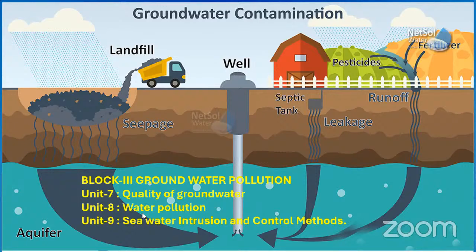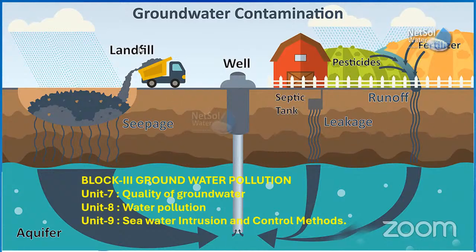This is a very important topic. Today I'm going to cover units 7 and 8, that is quality of groundwater and water pollution, which comes under Block 3 of your elective paper hydrogeology. In this picture you can observe how groundwater pollution occurs and how it spreads in the aquifer system, what the different sources of groundwater pollution are, and how it reaches and contaminates the groundwater with these effluents.